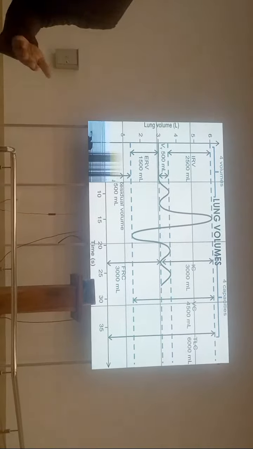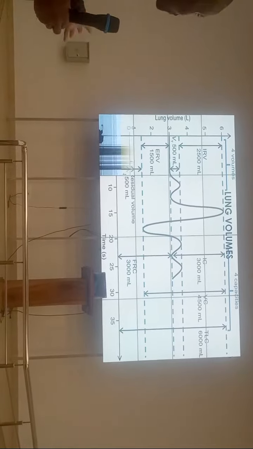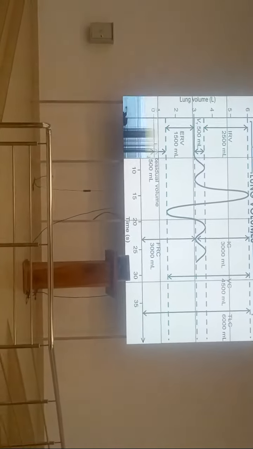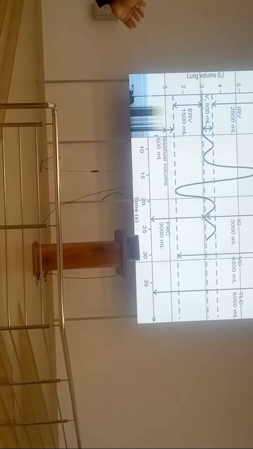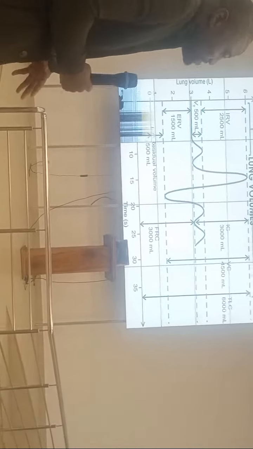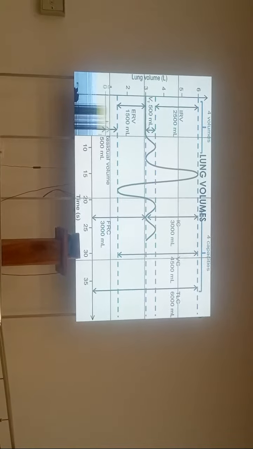You understand? That's vital capacity. And then you have what is called the total lung capacity. It simply means the maximum amount of air that can be in the lungs. And this is approximately around 6 liters. Depending on the book you read, some books will end at 5.5, other books will end at 5.8.